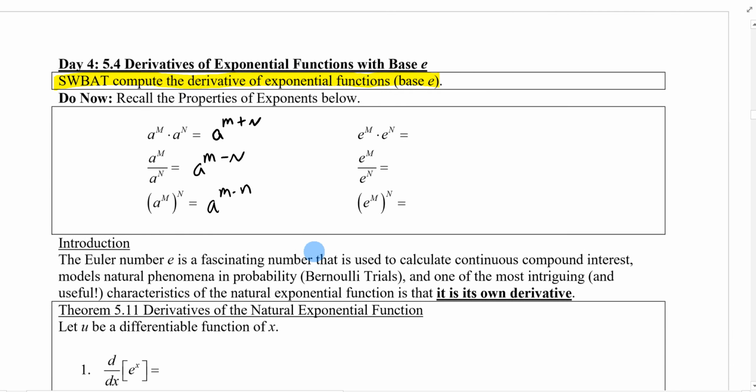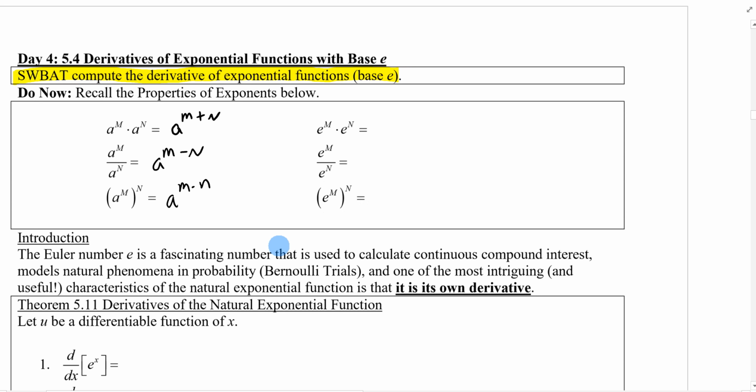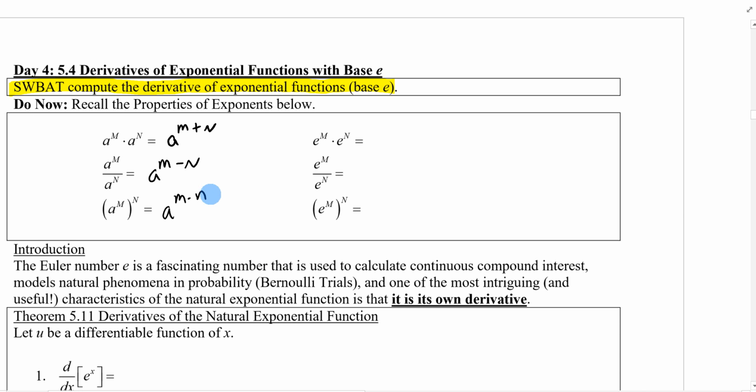To better illustrate what's going on with these properties, I'm going to use x squared and x to the third. You have two x's and three x's, and the total amount of x's you're dealing with here is 5. So if you multiply x to the third times x squared, you can just add the exponents and you have x to the 5th.